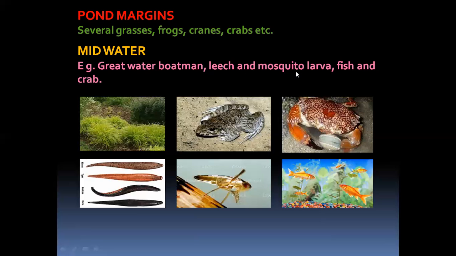And mosquito larva, fish and crab. These you will find in the middle of the pond water, so they are called mid-water. So the pond is divided into the surface, pond margin, mid-water like this. Certain organisms are found there.